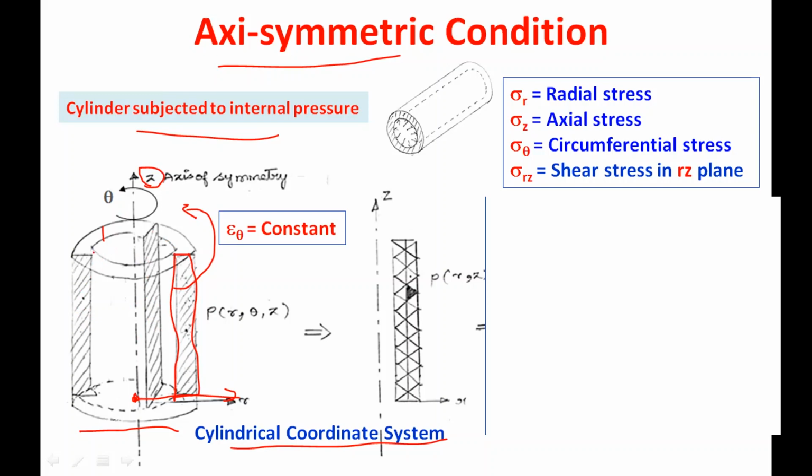So that means the stress acting on this longitudinal cross-sectional plane is independent of the coordinate theta. In that way, we can simplify this three-dimensional problem into 2D. That means when you solve this type of axisymmetric problem, we can model only this longitudinal sectional plane, which is called the RZ plane.